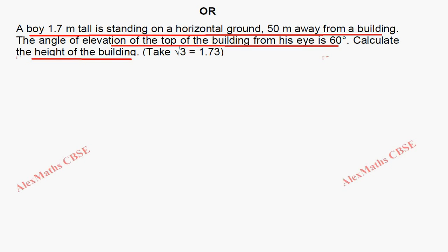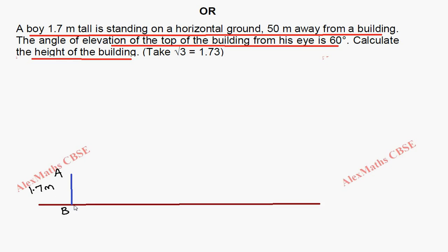Let's take the ground level, and the boy is 1.7 meter tall. So let's take the boy like this. His height is 1.7 meter. Let us take the boy as AB, and he is standing on a horizontal ground 50 meter away from a building. So there is a building which is 50 meter away from him.